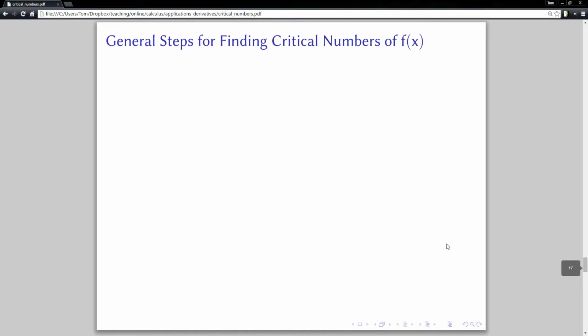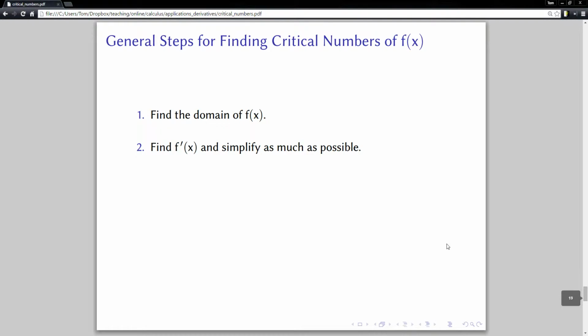Some general steps for finding critical numbers of f. This is going to depend quite a bit on the type of function that you're dealing with, but the general steps would go something like this. Number one, you always need to be aware of what the domain of f of x is. Step two, you want to find the derivative and simplify that as much as you can.